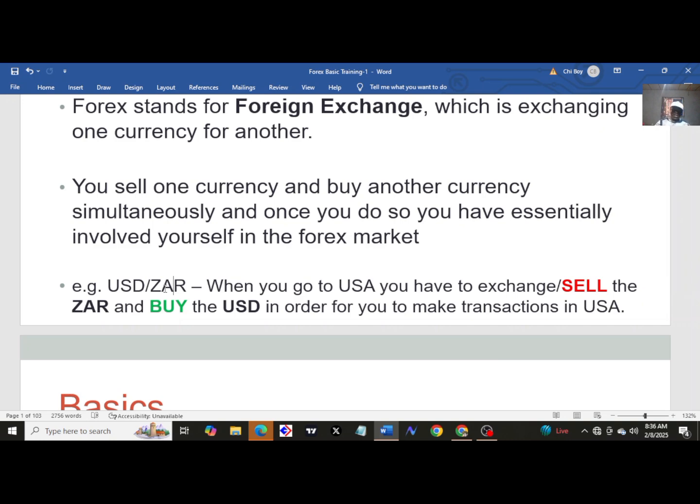So if you are a South African citizen going to the United States of America, before you can involve yourself in any form of buying and selling of goods or services, you must first get the United States dollar. Obviously South Africa only deals with their own currency, so you cannot be traveling from South Africa to the US with US dollars.